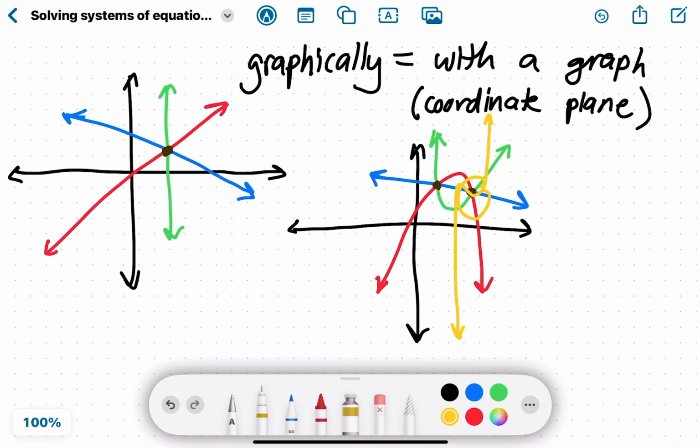Okay, so when you find it on your calculator, an easy way to find where they intersect after you graph your lines: you put them into y equals, and then you press graph, and slowly the lines are going to start drawing, and you're going to see your graph and all these lines.